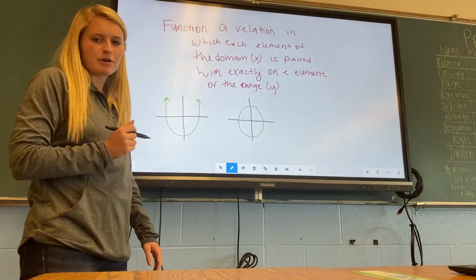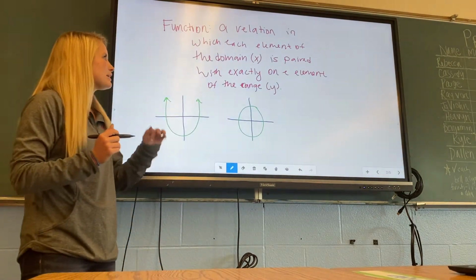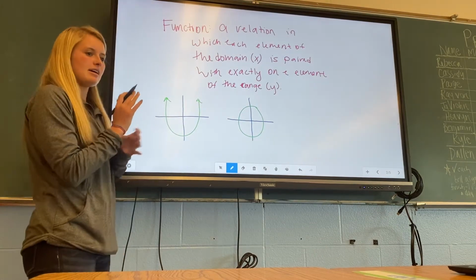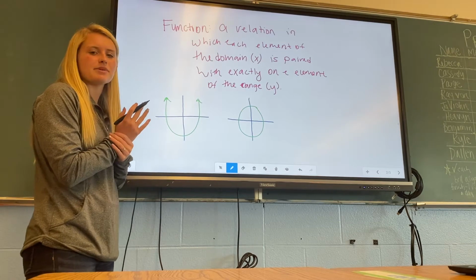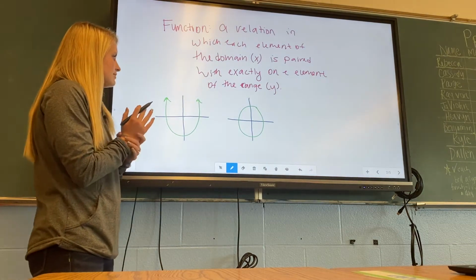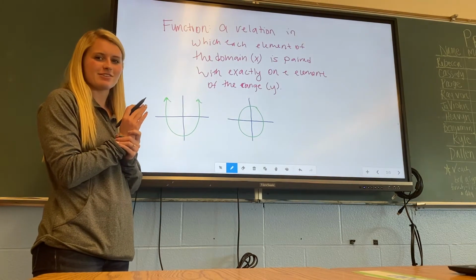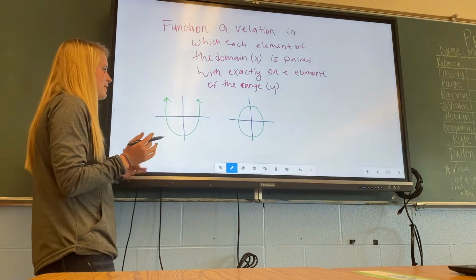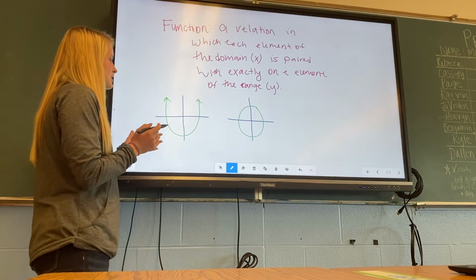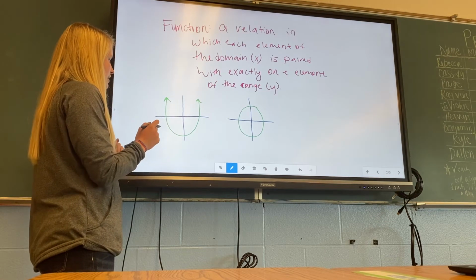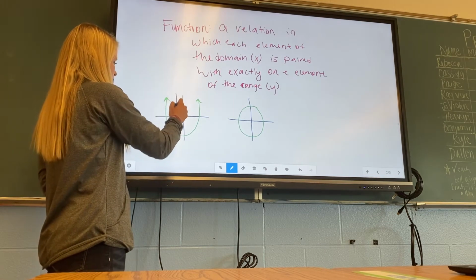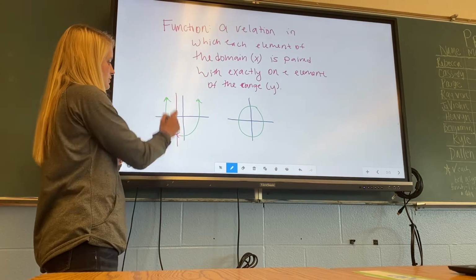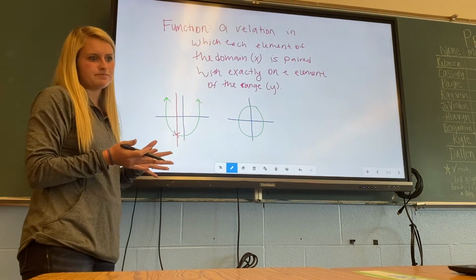That sounds like a lot of big words. X, Y, domain, range, relation, all words that we don't really like. So it's really not that hard to explain. I'm sure you've heard of the vertical line test. If not, this is what it means. Basically, when you look at a graph, if you can draw a straight line and it only touches it once, and it'll only touch it once forever, then it's a function.